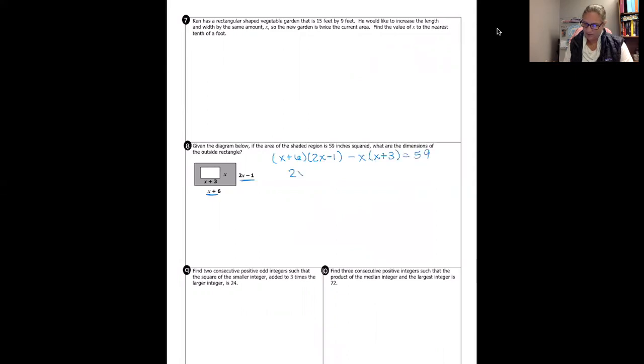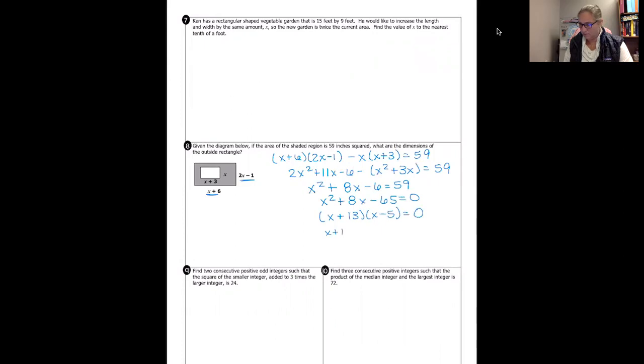So we're going to multiply all that out, FOIL method. Distributive property, don't forget that a negative outside means you need parentheses. So combining like terms, x squared plus 8x minus 6 equals 59, and subtract 59. And factor: (x plus 13)(x minus 5).